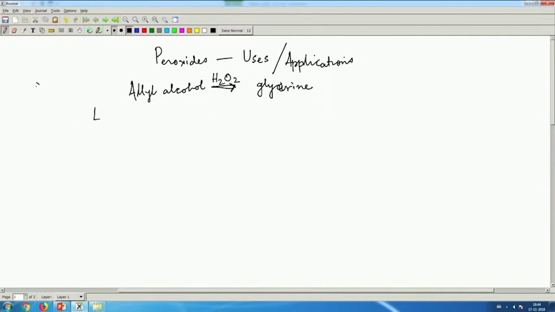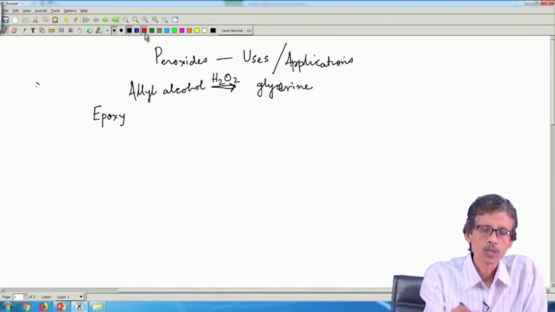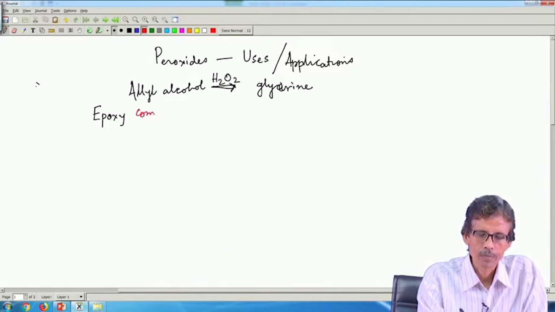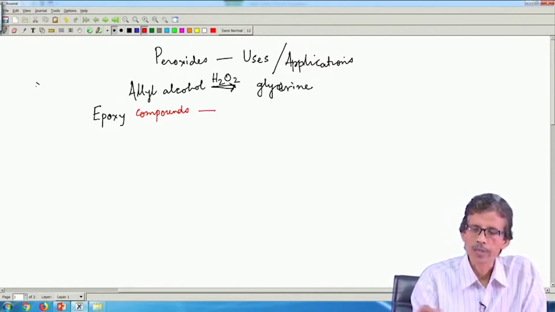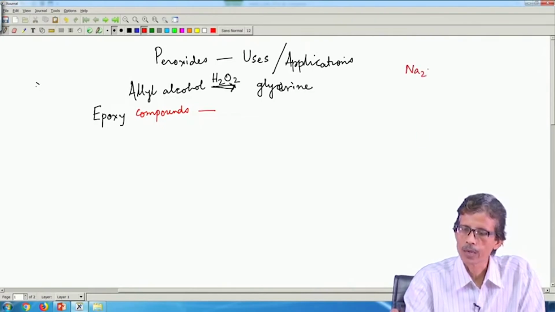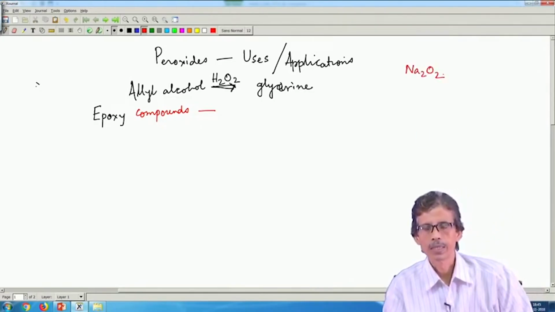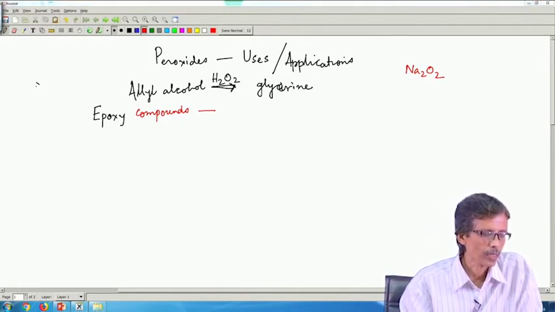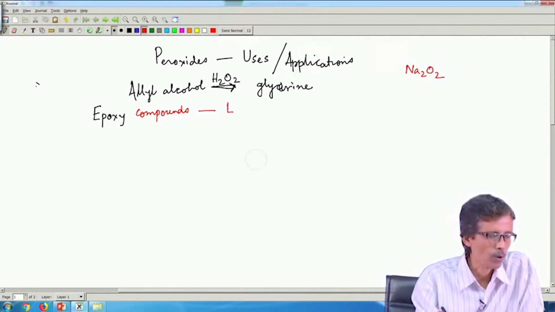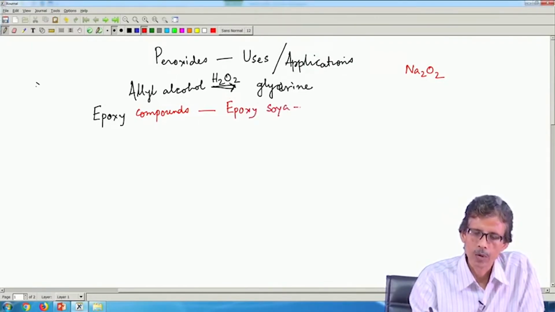Similarly, we know that epoxy resins exist, so epoxy compounds can be prepared very easily with the use of this reaction from sodium peroxide or hydrogen peroxide. Sodium peroxide is another chemical which can be industrially prepared in large amounts. One such epoxide compound is epoxy soya oil.